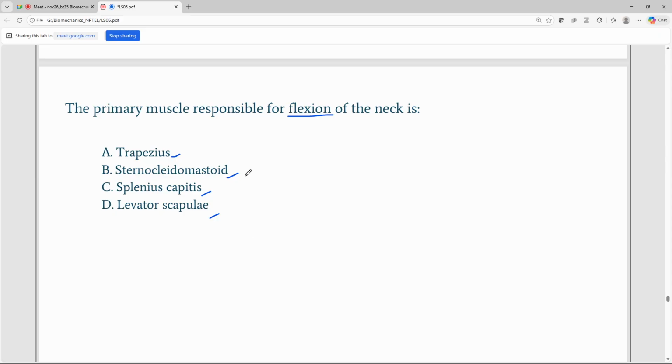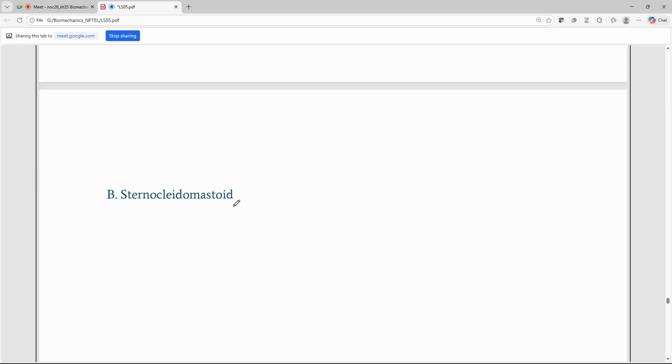The flexion of the neck is by sternocleidomastoid. Answer is option B, sternocleidomastoid muscle.